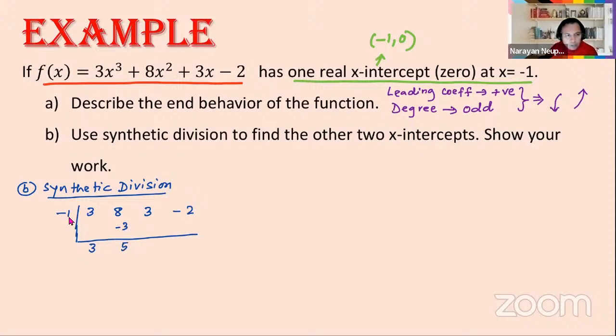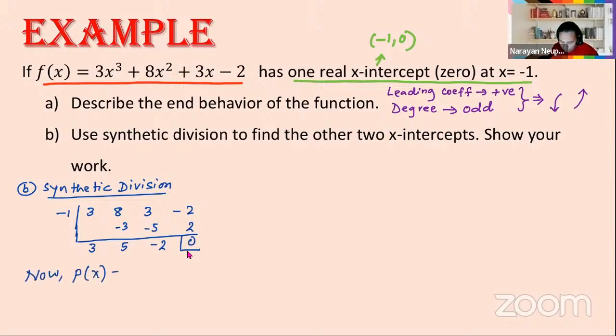Again, we multiply -1 times 5, that's -5, and we add them together. -3 plus -5 will be -2. We repeat the process. We multiply -1 with -2, that's +2. And we add these two, that will be 0. And as I mentioned, this is the remainder.